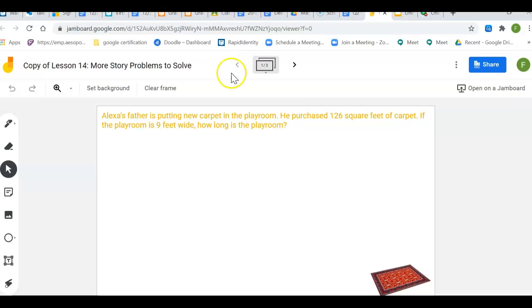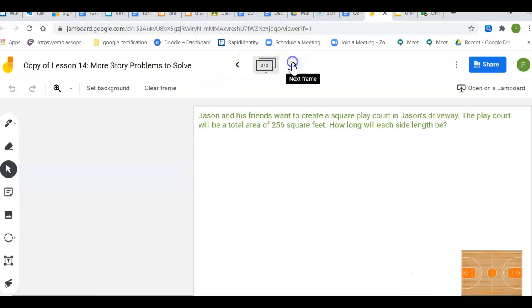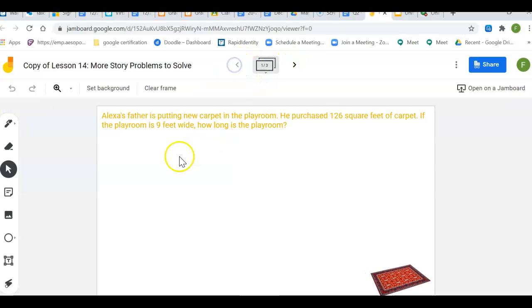All right, so you're going to solve the first one and the second one. Go ahead and read the problems to you. The first one, Alexa's father is putting new carpet in the playroom. He purchased 126 square feet of carpet. If the playroom is 9 feet wide, how long is the playroom? So that's the first one.